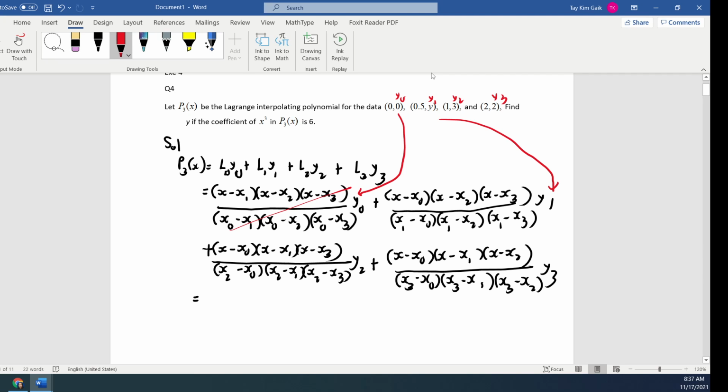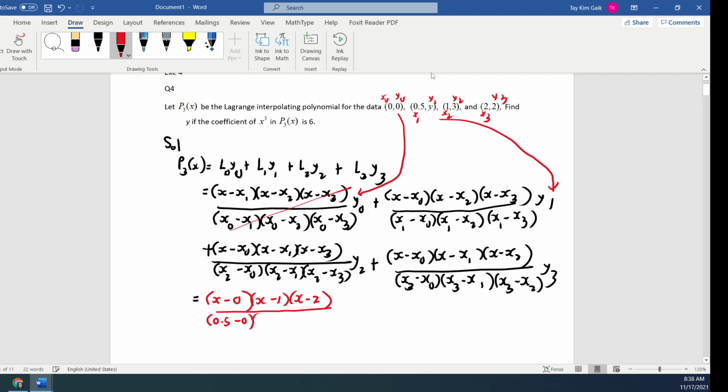Then you plug in starting from L1 y1, the second, third, fourth terms. This is x0, this is x1, this is x2, this is x3. So x0 is 0, x2 is 1, x3 is 2, and x1 is 0.5.